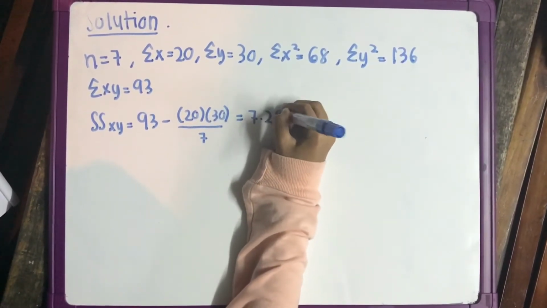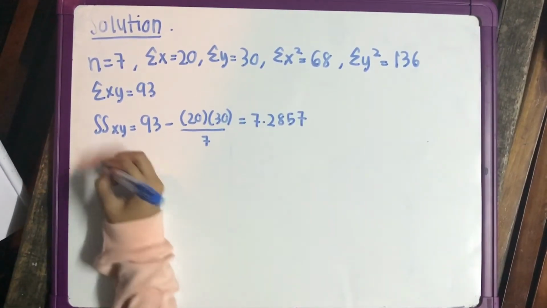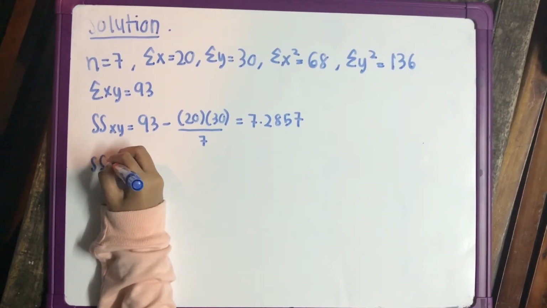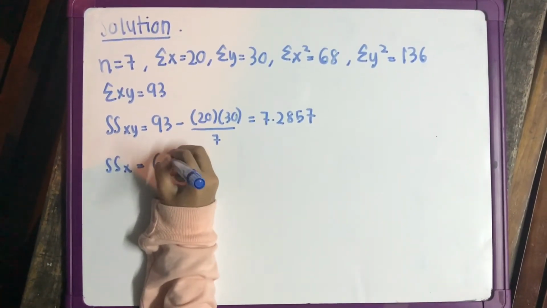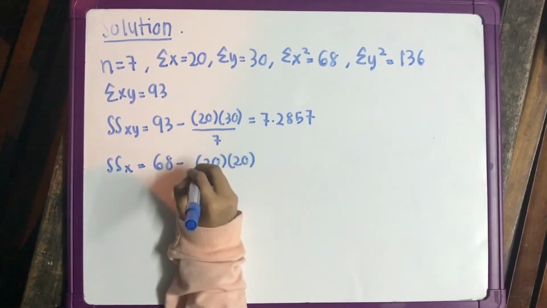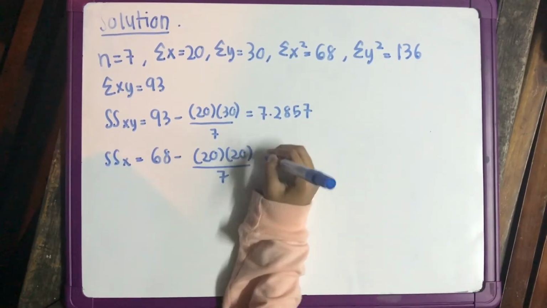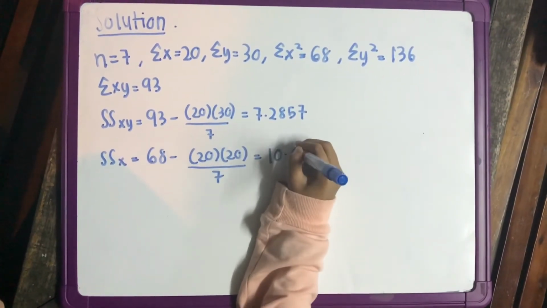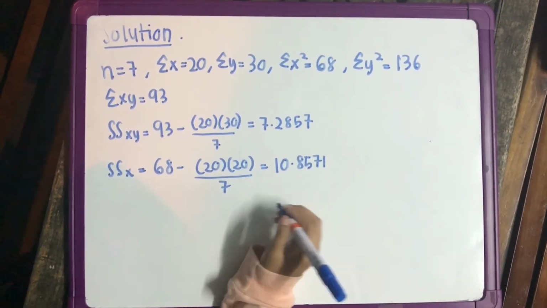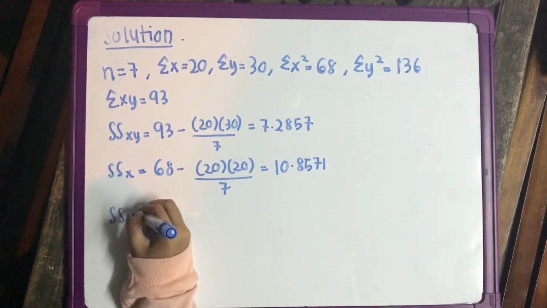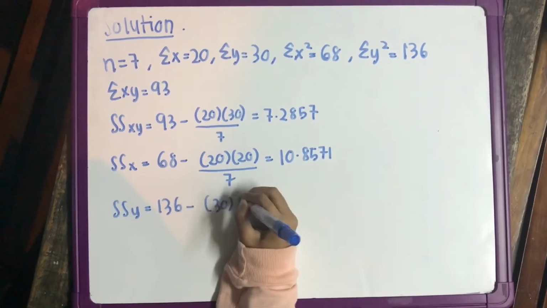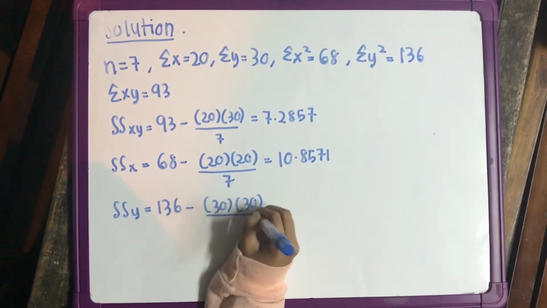7.2857. And then we must find SSX: total x square minus total x multiplied by total x and divided by 7, and we get the answer 10.8571. And then find SSY: total y square minus total y multiplied by total y and divided by 7.